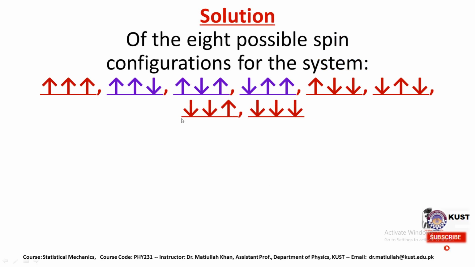Looking at these 8 microstates, we have a single state like this one, where all of them are spin down and there is no spin up. So how much will be the probability? Definitely it is 1 over 8.